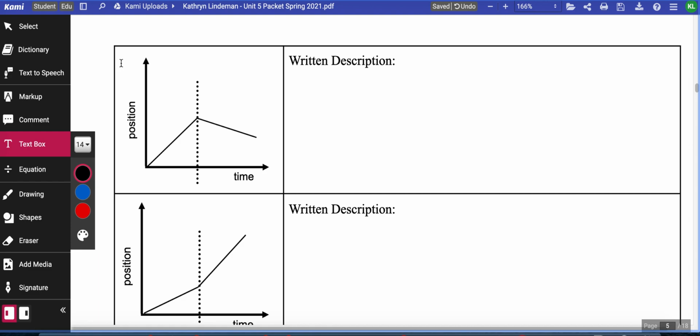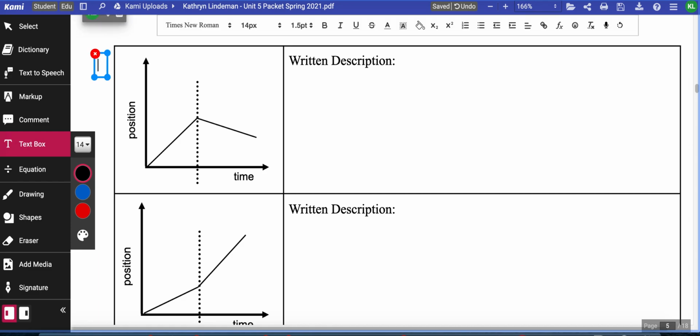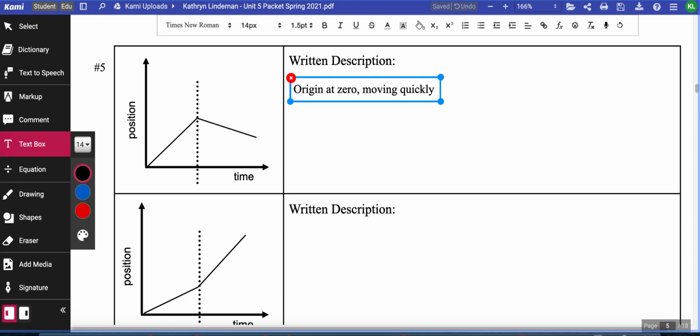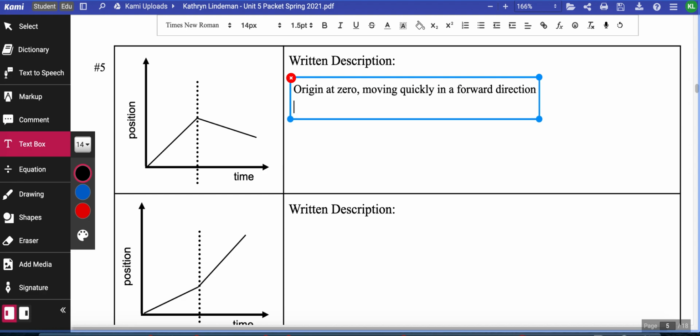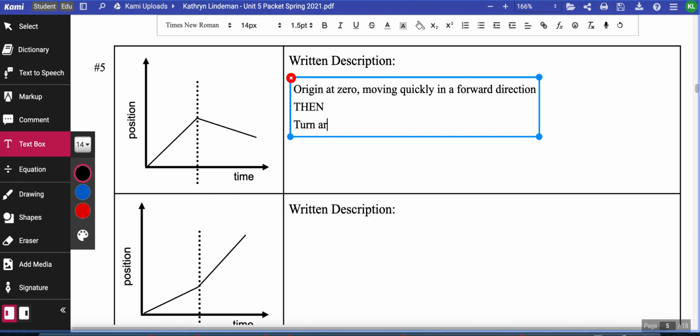Moving on to this next one. Again, let's just label this number 5. Okay, so written description. Again, we have 2 different movements. So origin at 0, moving quickly in a forward direction, then turn around.